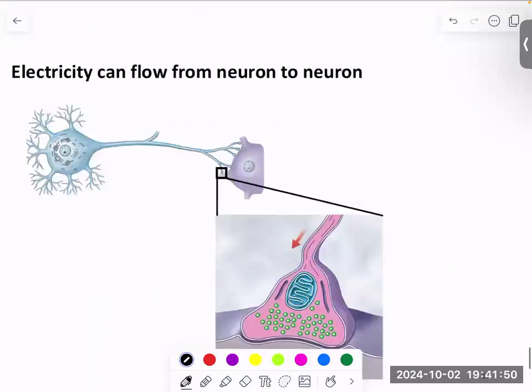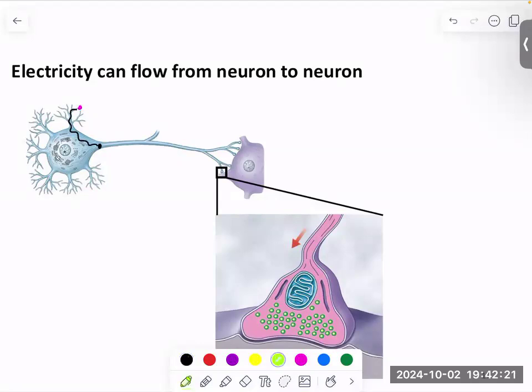That signal will move through one cell. So here, if we stimulate the neuron at this dendrite in pink, an action potential, a signal will start to slowly move through the dendrite, through the cell body, to the axon hillock.